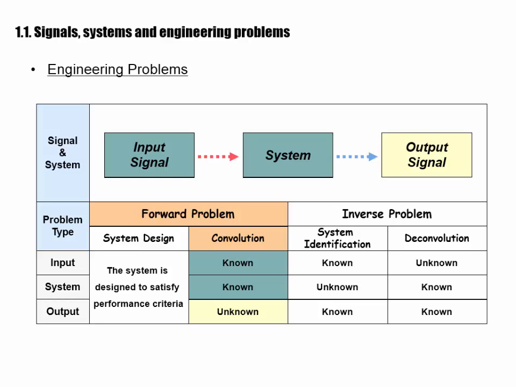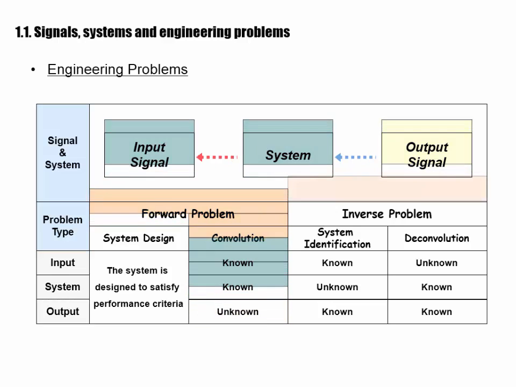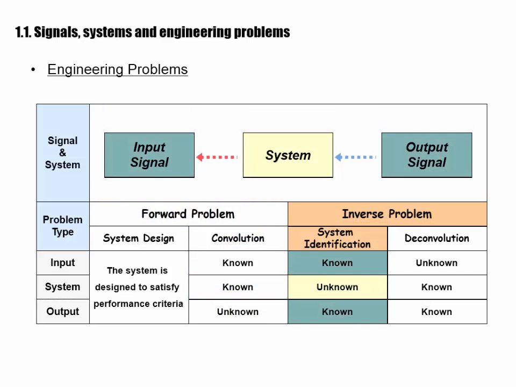So that's the forward problem, and it's called convolution. And inverse problem is now we know input and output, and we want to find out what the system is. Right? So then it's going to be the backward problem that we just talked about. And the last one is deconvolution. So now we know the system and the output signal, and we want to find the input signal.